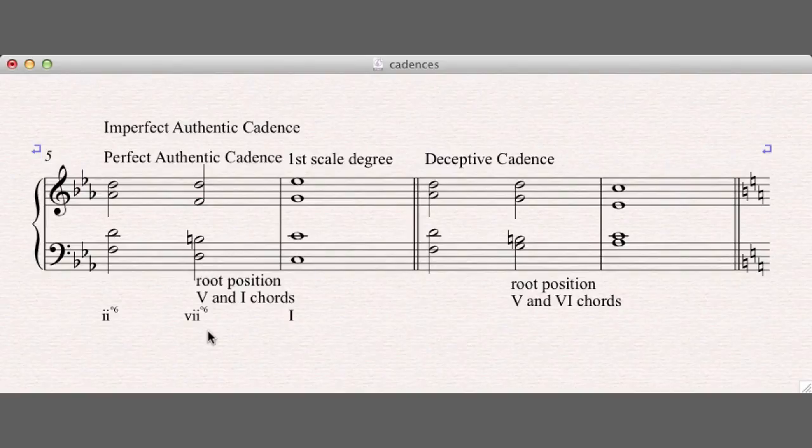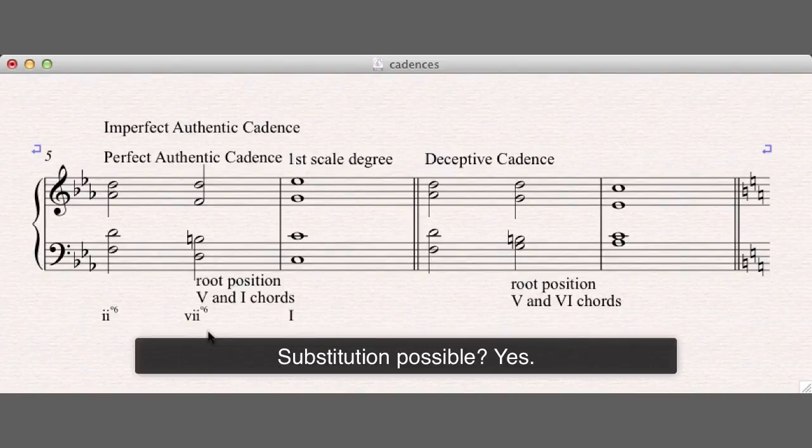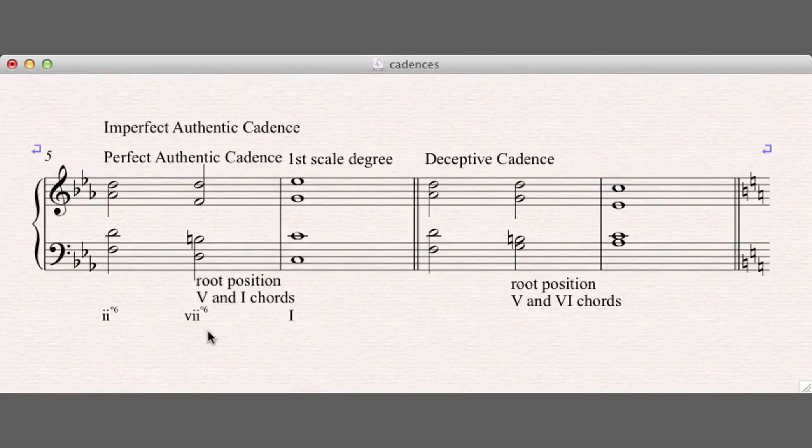Is this acceptable? Yes, this is completely acceptable, but this too is an imperfect authentic cadence. So you see there are very strict rules for a perfect authentic cadence. It must have root position 5 and 1 chords, and it must have the 1st scale degree in the melody when it gets to the 1 chord. If it doesn't have those things, it's still a kind of authentic cadence, but we call it an imperfect authentic cadence.